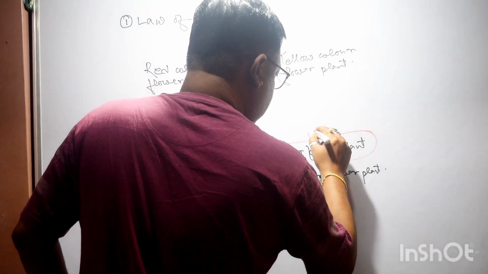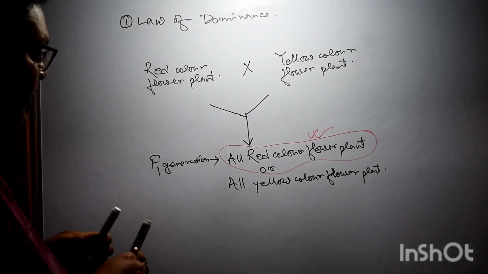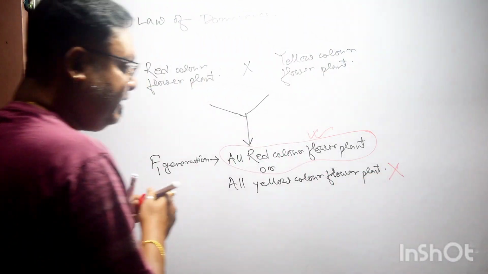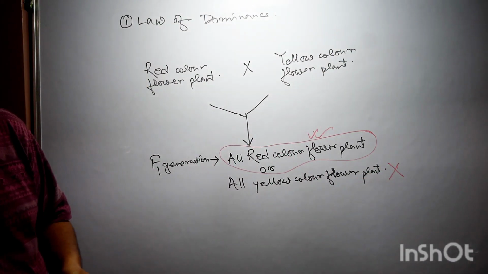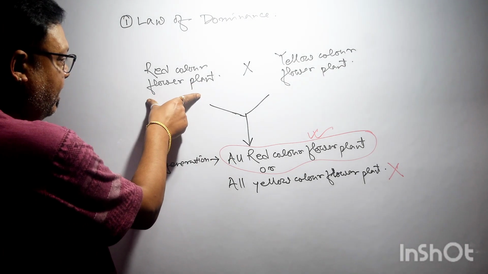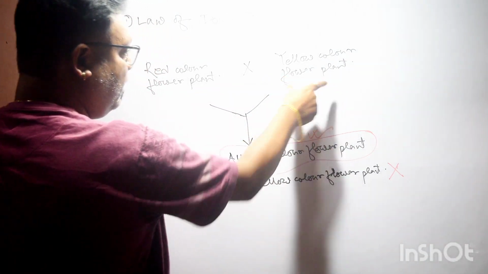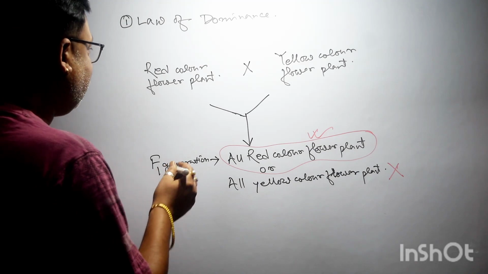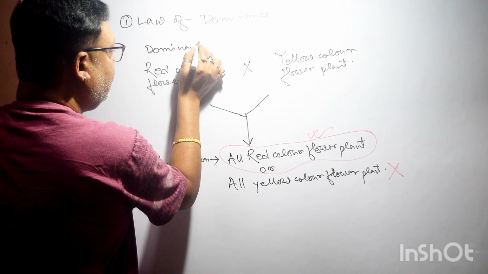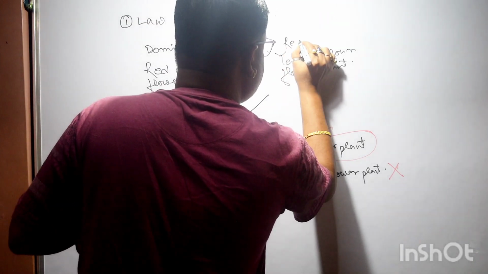Now suppose we have got all red color flower plants in the F1 generation and have not got any yellow color flower plant. In this case we could see that the red color parent has dominated over the yellow color parent. So we can say that red is the dominant character and yellow is the recessive character.